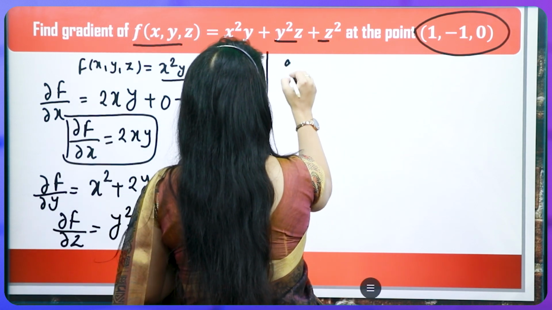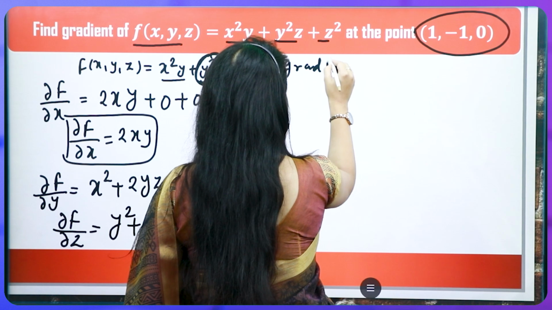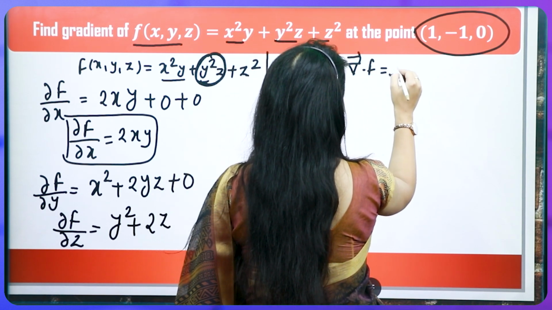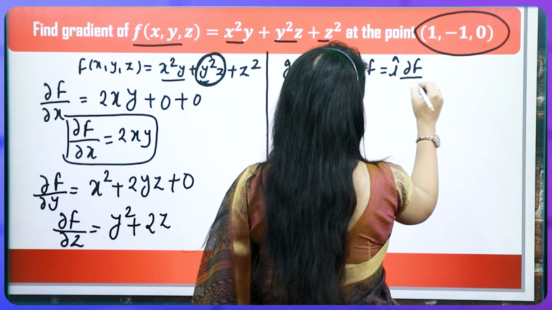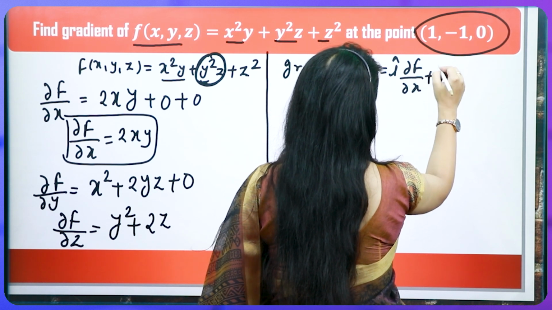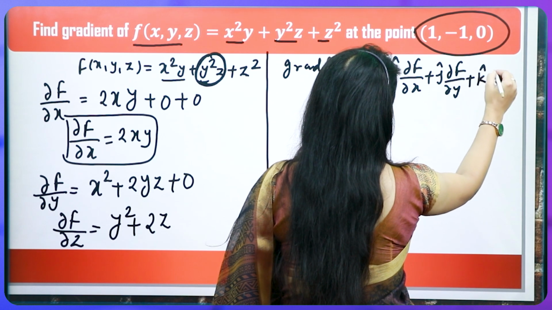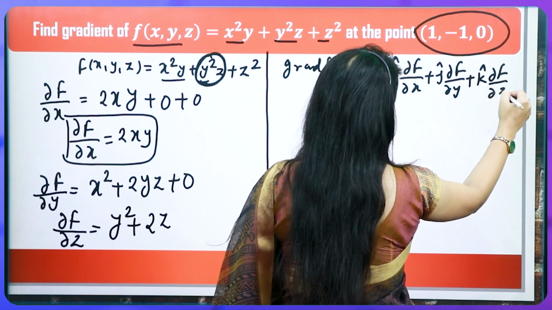When we have to find the gradient, we will substitute these values in the formula. That is, grad f is del dot f, and this is i cap del f by del x plus j cap del f by del y plus k cap del f by del z.